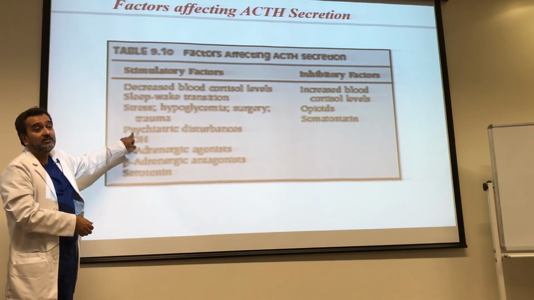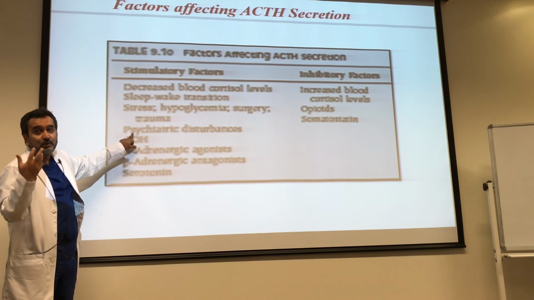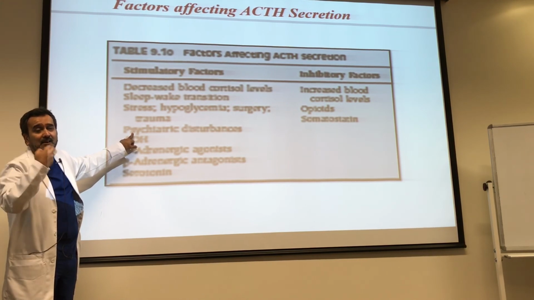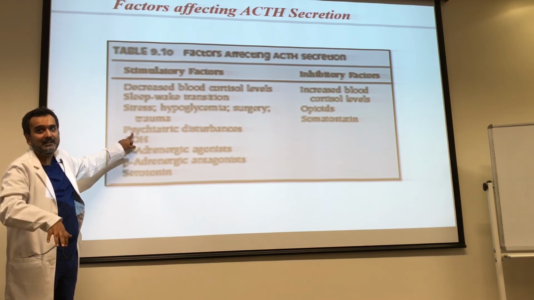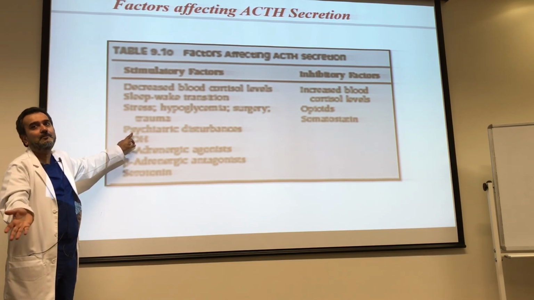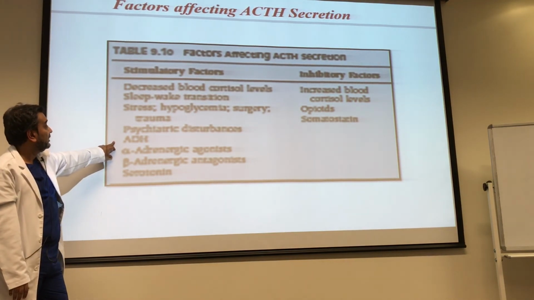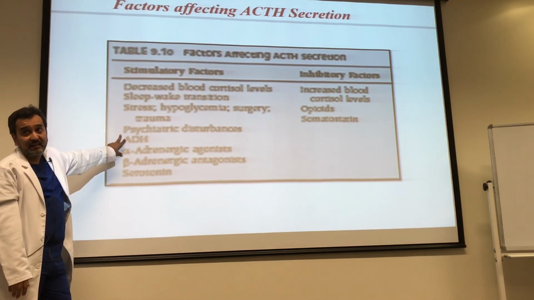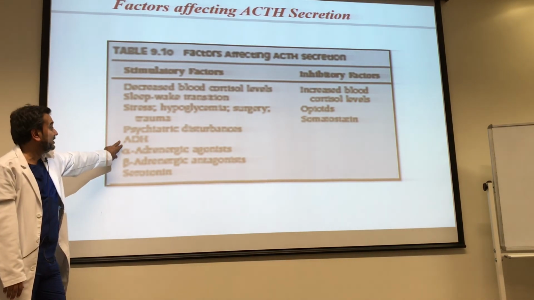Psychological disturbances, such as psychotic disturbances, are going to affect the limbic system and cause CRH release from the hypothalamus, and ultimately ACTH secretion is going to increase the cortisol secretion. ADH, antidiuretic hormone, can also cause ACTH secretion to increase.